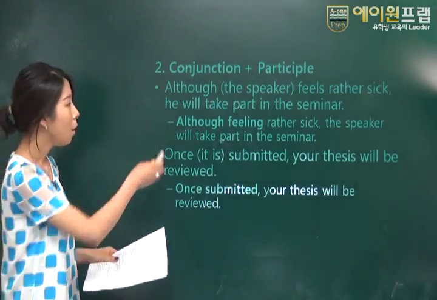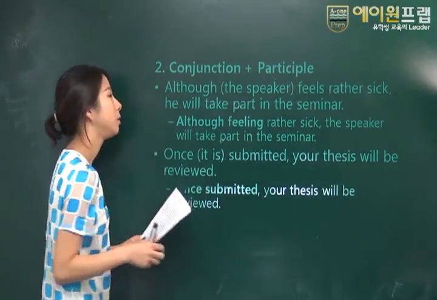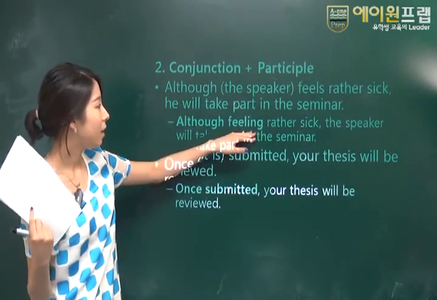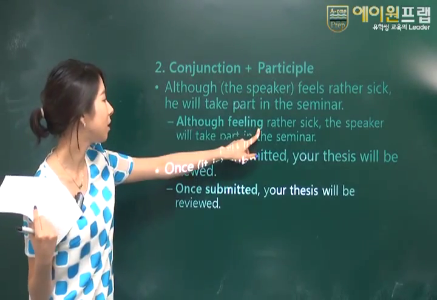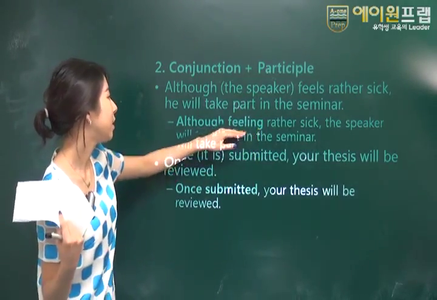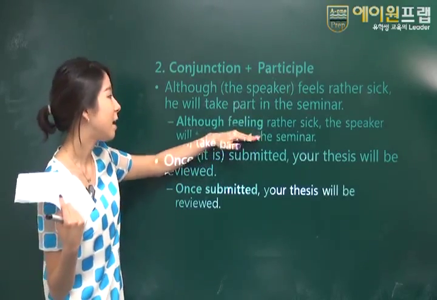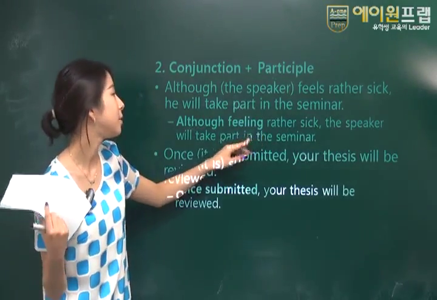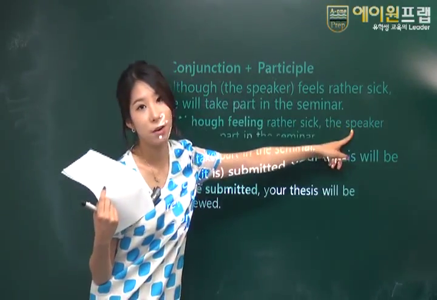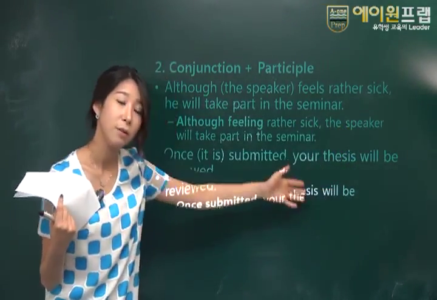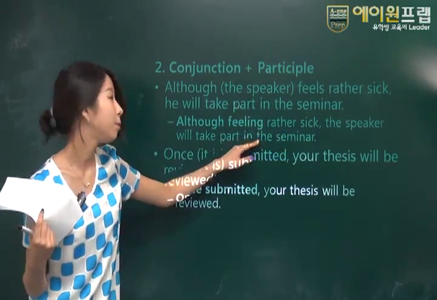So, why is this a participle? Feeling rather sick. This is actually an adjective form, sorry, a participle adjective, because this feeling sick is modifying the speaker. The speaker is feeling sick right now, so this is acting as an adjective.